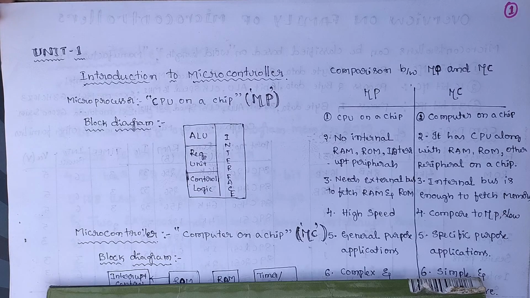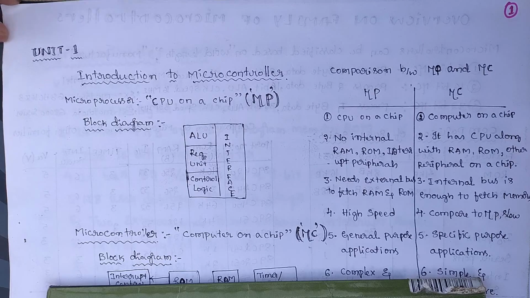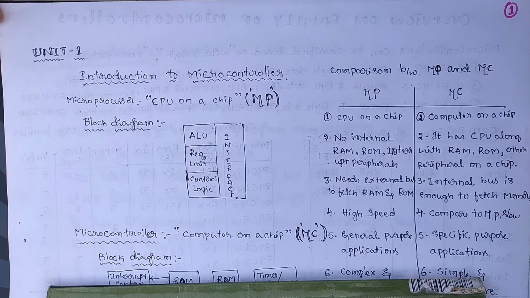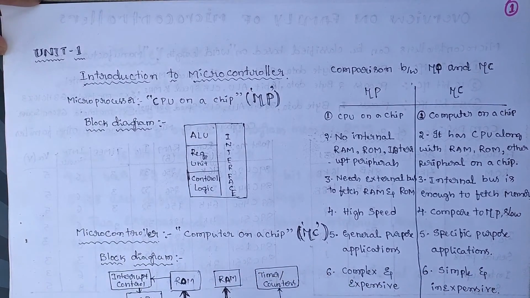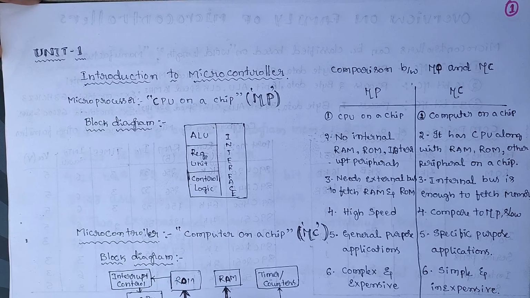So let's discuss the microprocessor. A microprocessor can be defined as a CPU on a chip, that means a central processing unit on a single chip. Its block diagram consists of ALU, register unit, control logic and interface unit.